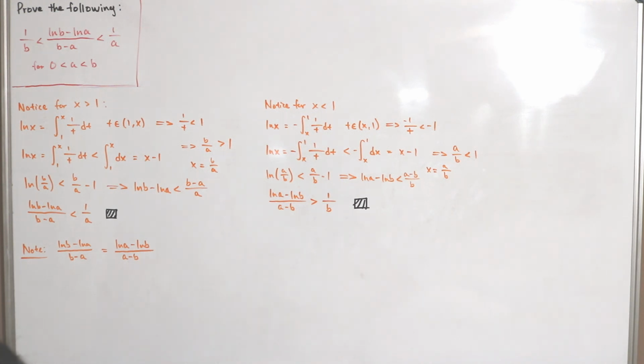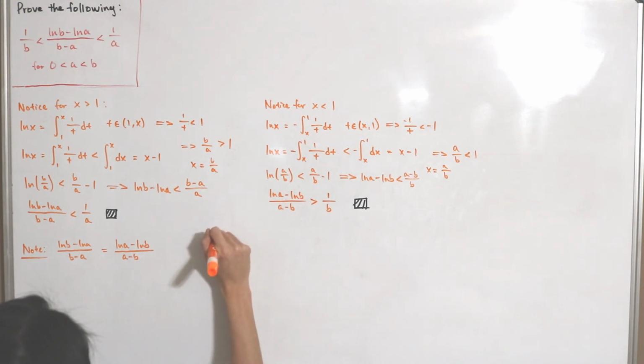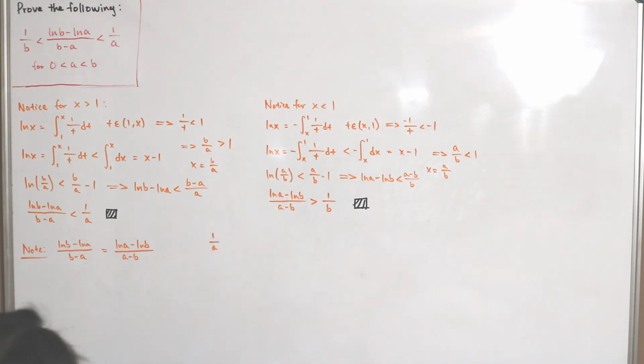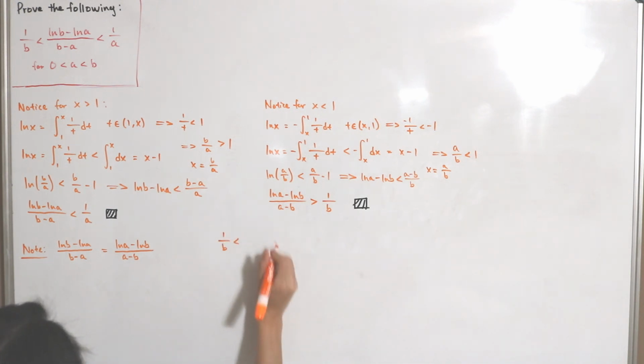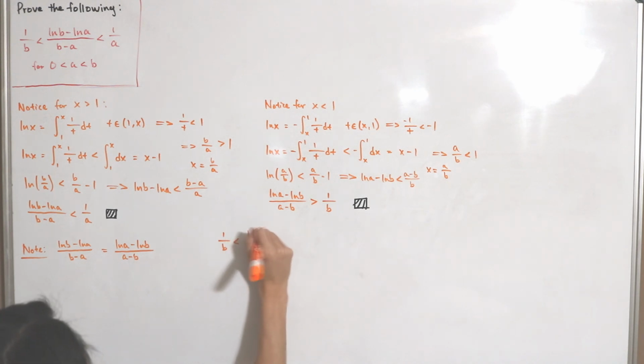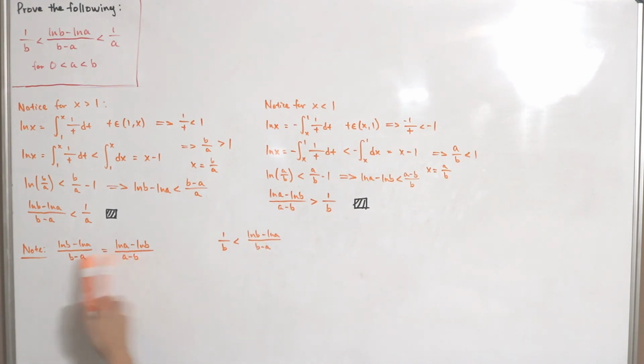So we just combine our inequalities together to get a compound inequality. So we have that 1 over b is less than ln of b minus ln of a divided by b minus a, and I said that because we set the equality.